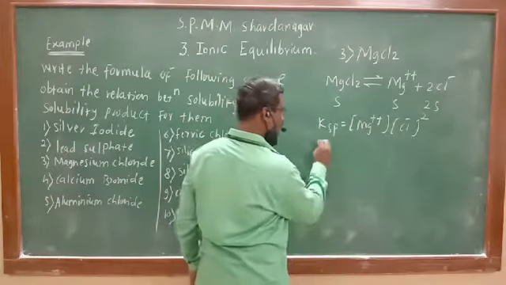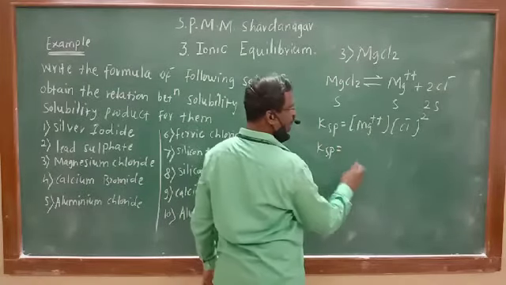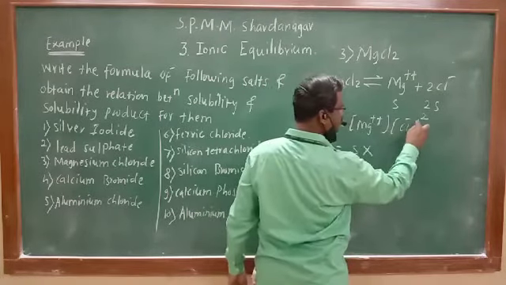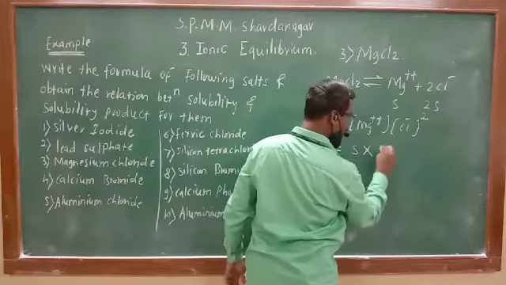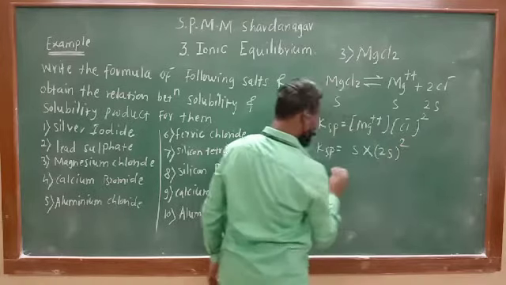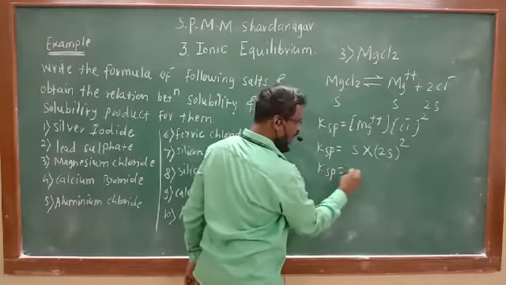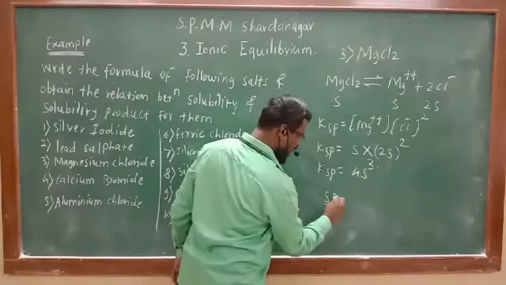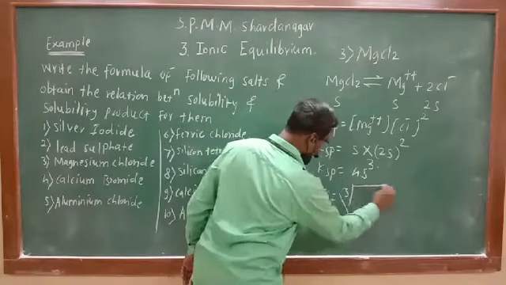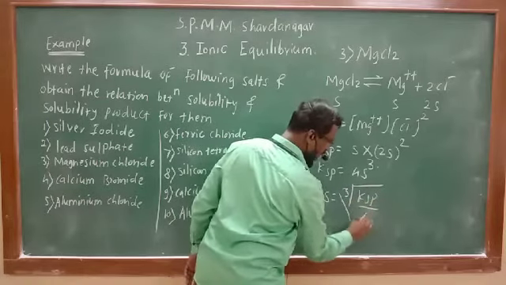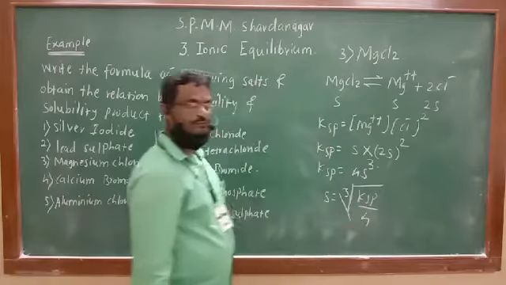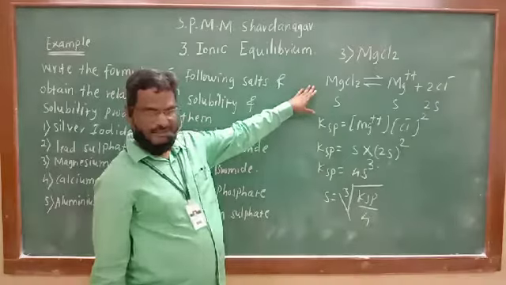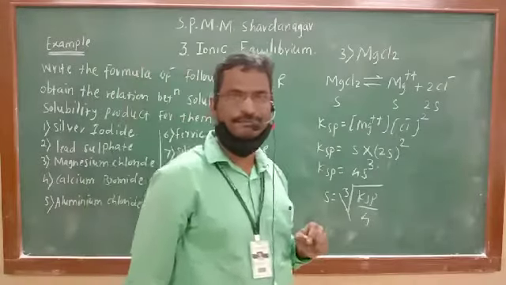Now substituting values, Ksp is equal to Mg2+ is S, Cl− is 2S squared. Therefore, Ksp will be equal to 4S cubed, and S will be equal to cube root of Ksp upon 4. So which type of salt is this? BA2. This is a BA2 type of salt.